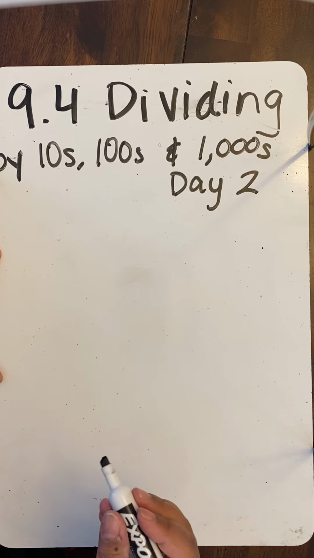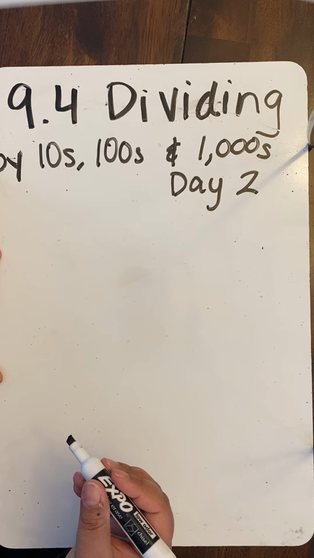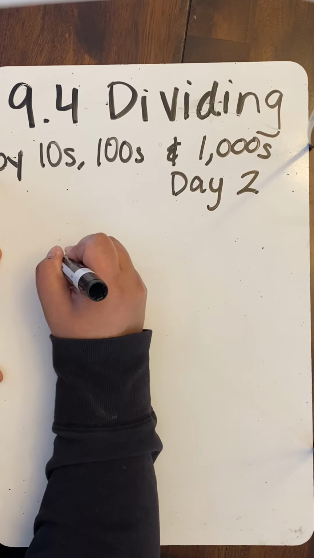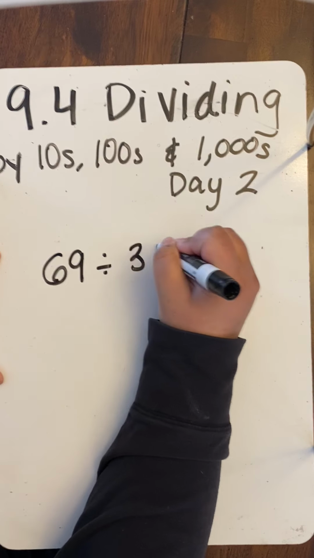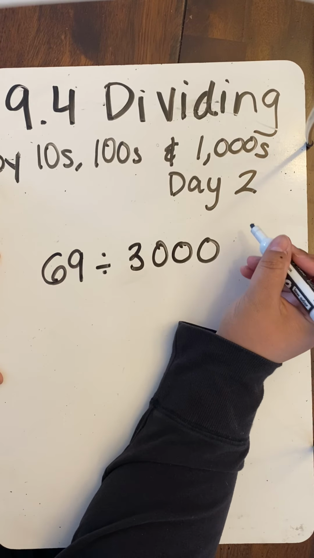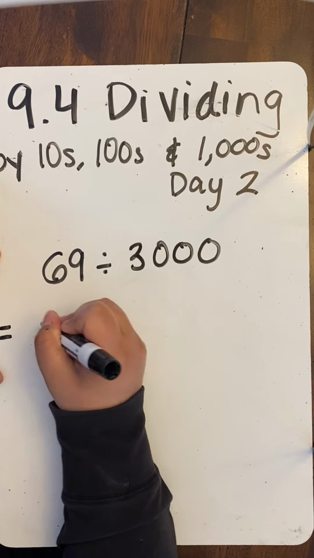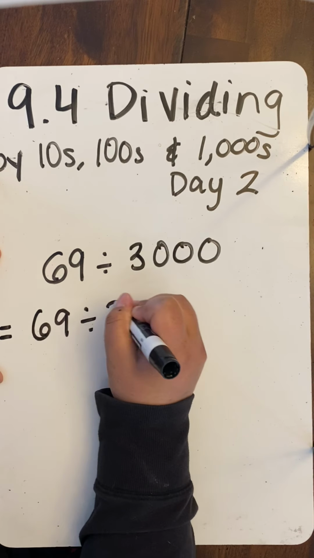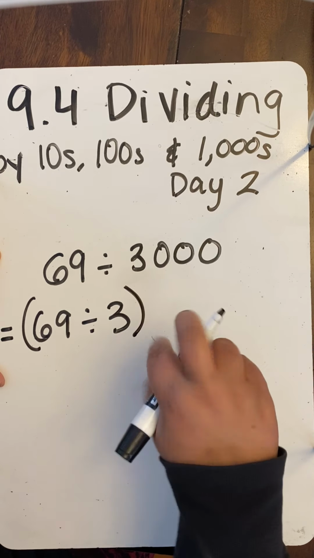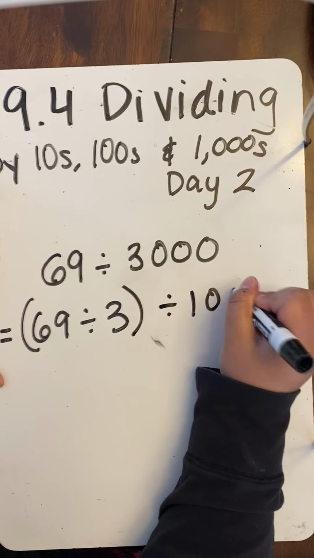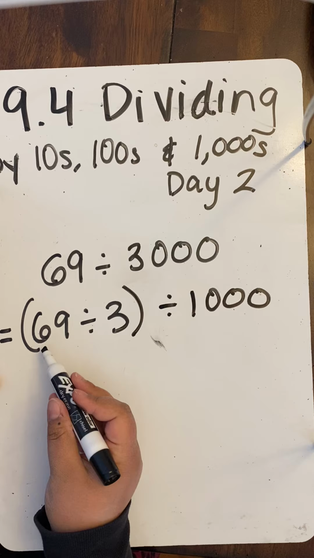So now we're going to do it with thousands. If we had 69 divided by 3,000, that's the same thing as 69 divided by 3, divided by 1,000. 69 divided by 3.